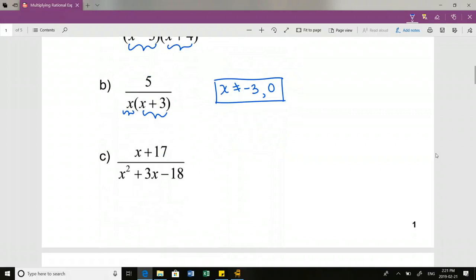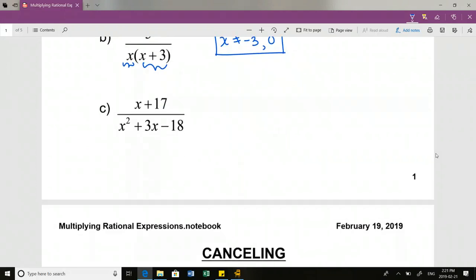Okay, and then sometimes we may have to factor the expression in order to see the zeros. So yeah, we could try to sub in a bunch of x's into our denominator for part C and try to figure out what makes it equal to 0. We might miss one. So the best course of action here is just to factor this guy. So what two things multiply to negative 18 and add to 3? Sebastian? 6 and negative 3, perfect.